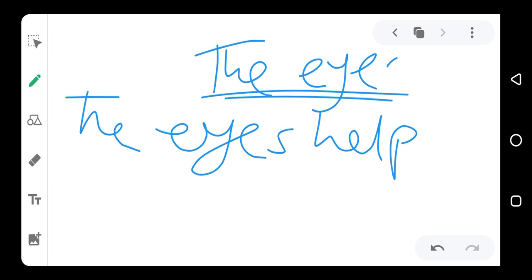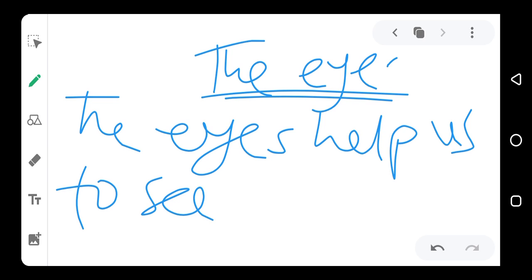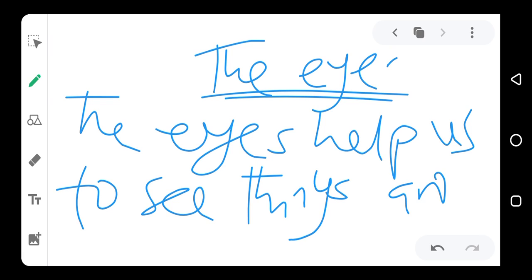Like the shape of something, like the color of something, like the size of something, and other things. That is the function of the eye. It helps us to see the object or the thing that is around us. Now let's describe the eye.